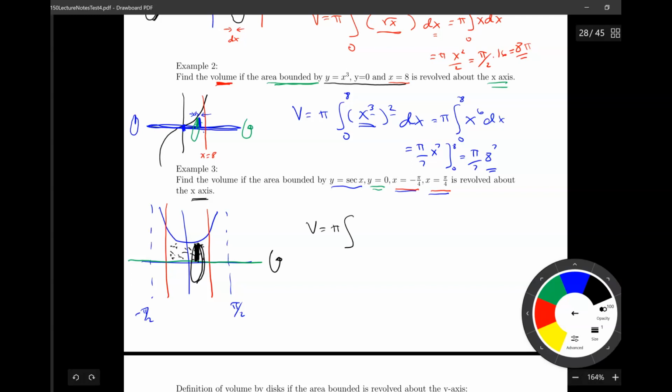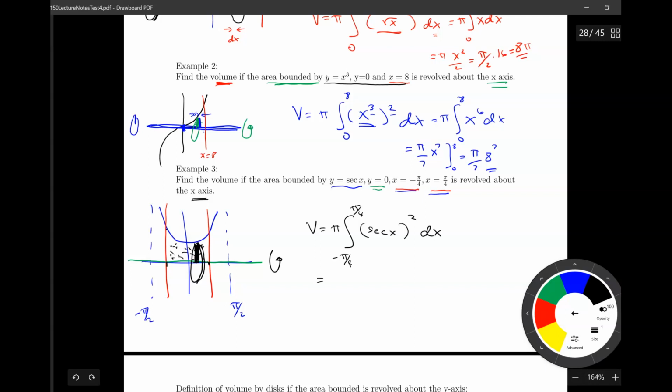So volume is pi radius squared dx. I'm going to be going from the x-axis up to the function. That's secant of x. And then I'm going to be taking the integral from negative pi over 4 to pi over 4, because that's where I'm going to start and end building rectangles.